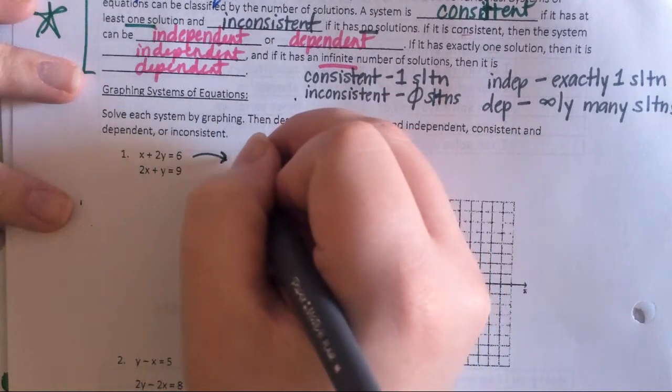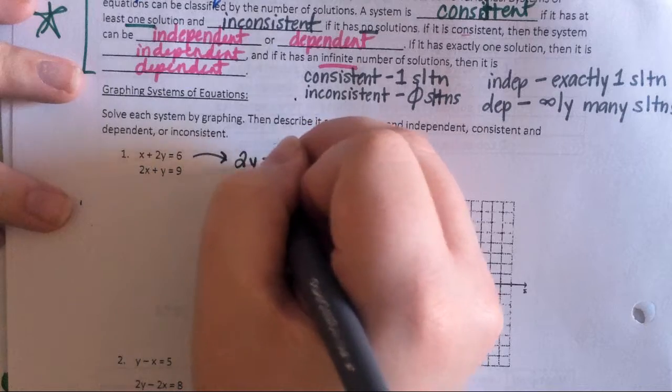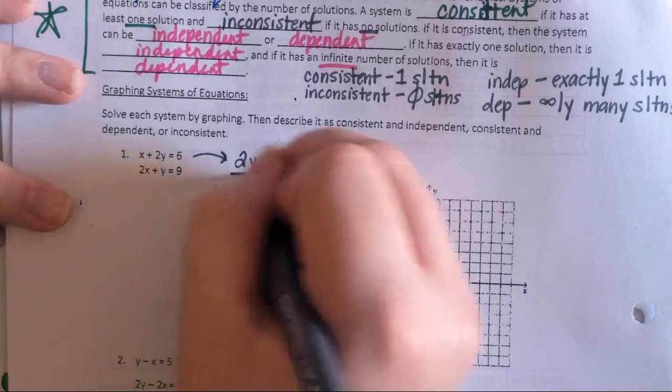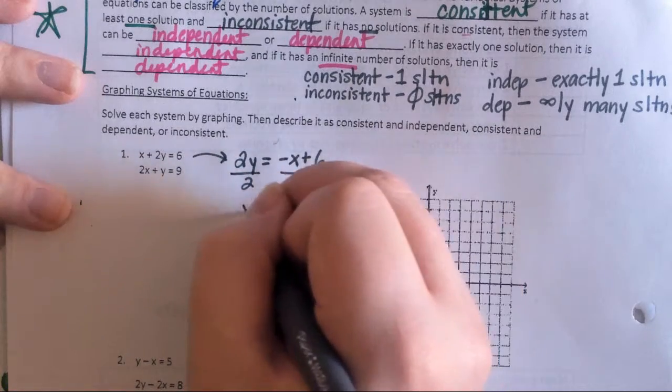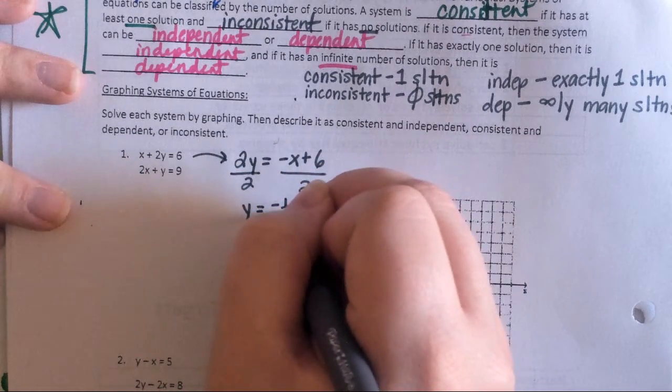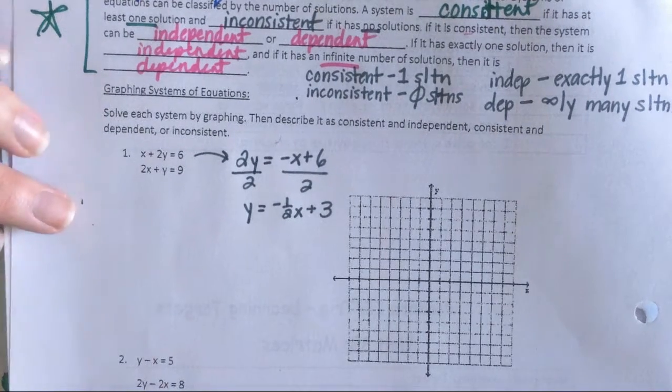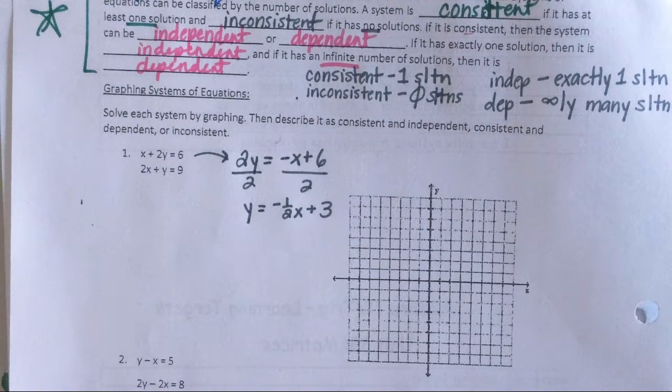So if I subtracted x from both sides, I would have 2y equals negative x plus 6. If I divided by 2, I would have y equals negative 1/2 x plus 3. Are there any questions about that top equation?